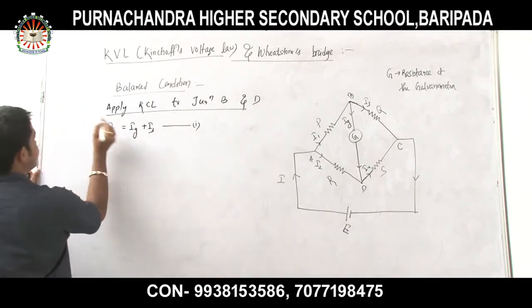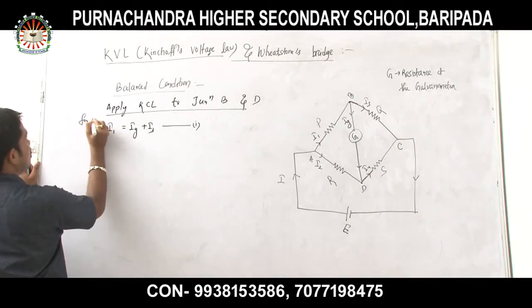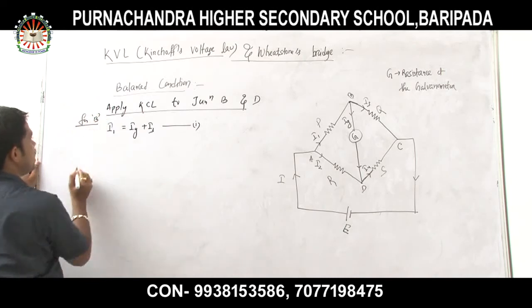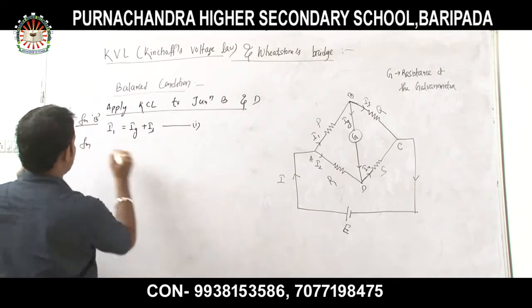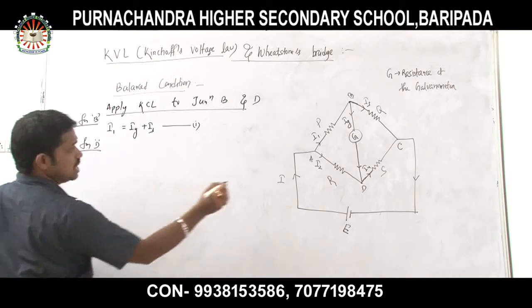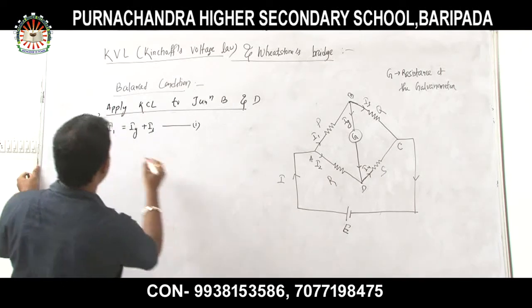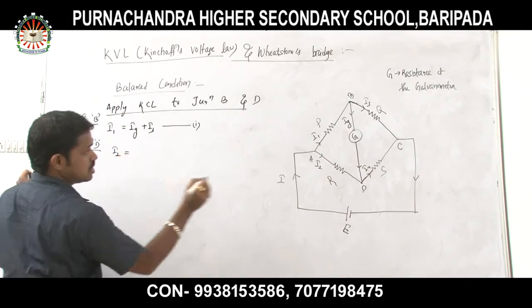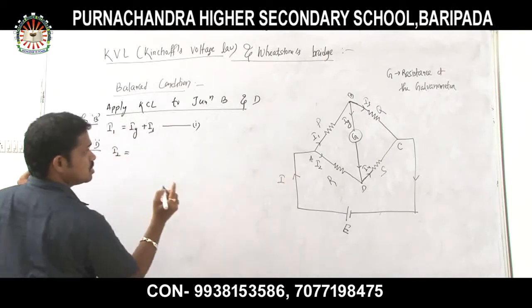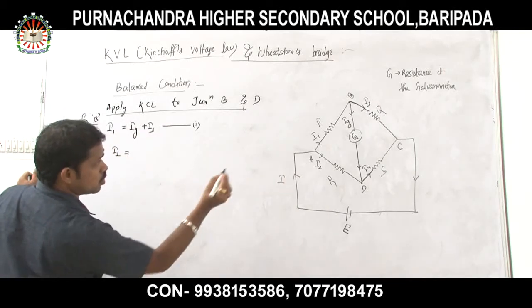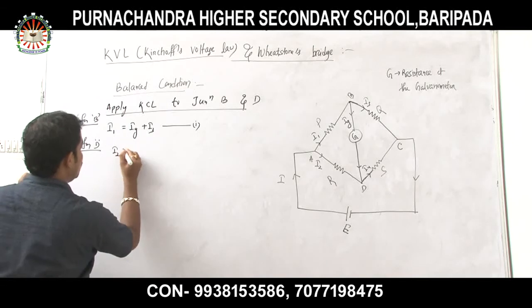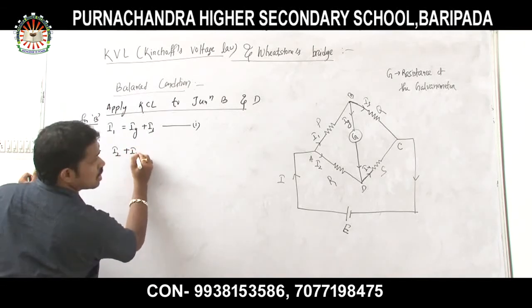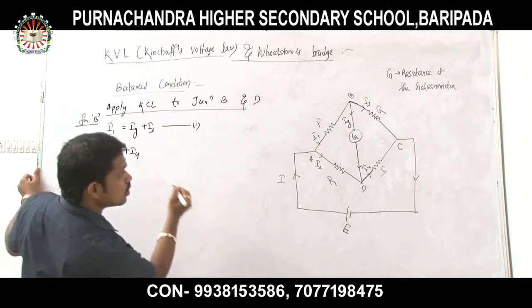This is for junction D. For junction D, what will I get? Entering I2 is equal to I2 plus I4.